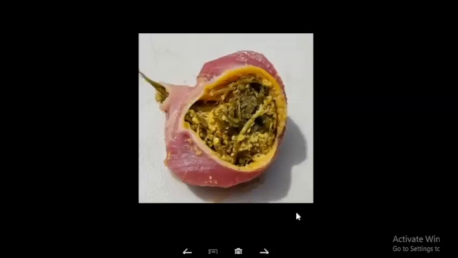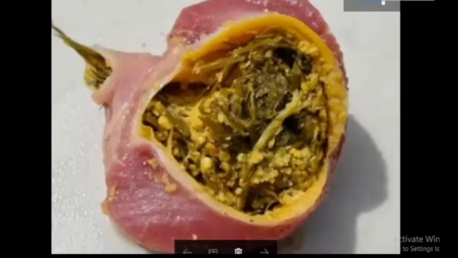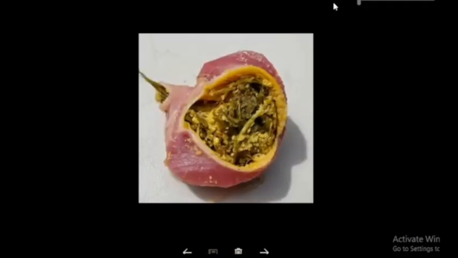You can see this is the content of the gizzard. You can see how it looks, having some grains and probably undigested grasses in them. It has some grains, some sandstones and the rest of those inside the gizzard. So that is what the gizzard is.